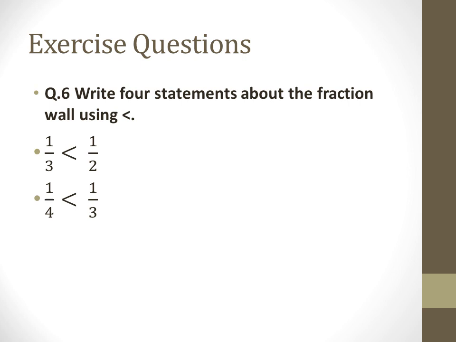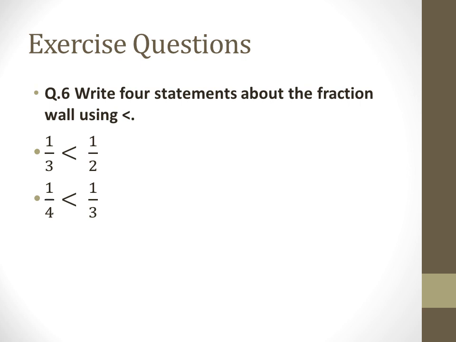In the last videos, I gave you the example of a chocolate bar. If you divide one chocolate into 3 equal pieces, and the same chocolate into 4 equal pieces, in which case will you get more chocolate? Obviously when it is divided into 3 equal parts. So 1/3 is greater than 1/4, or you can say 1/4 is less than 1/3. These are the two statements.